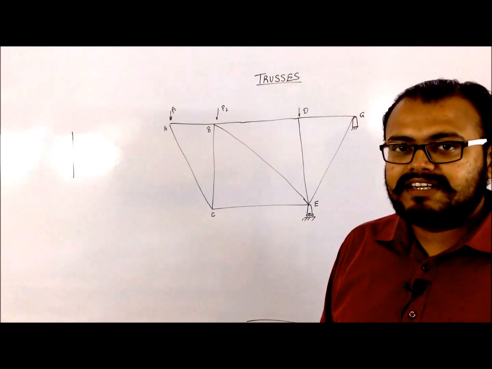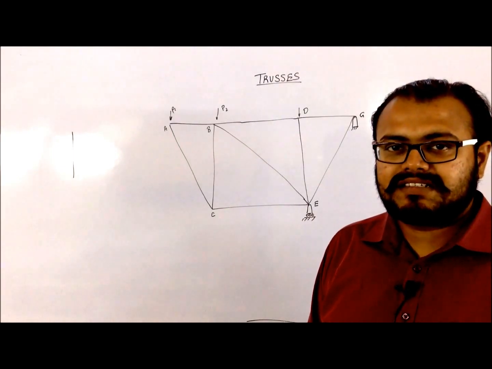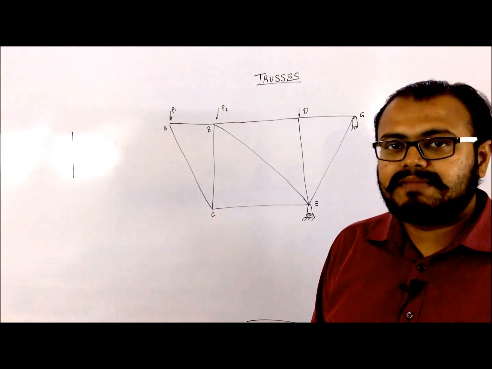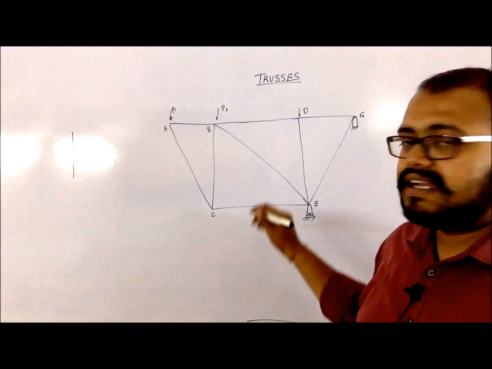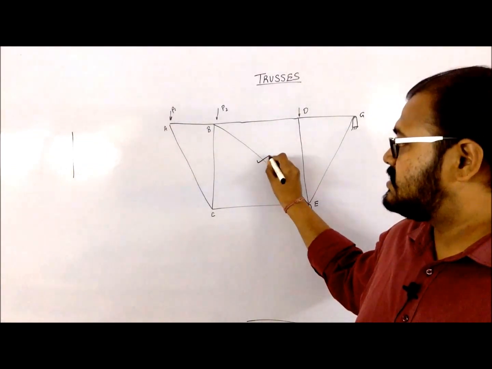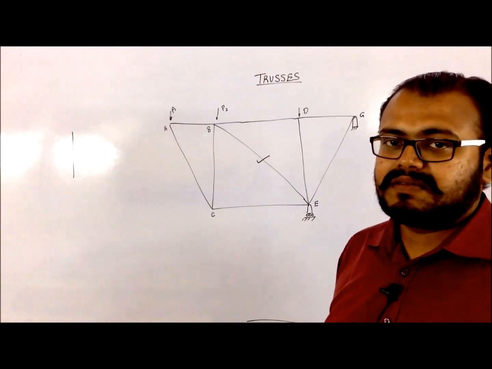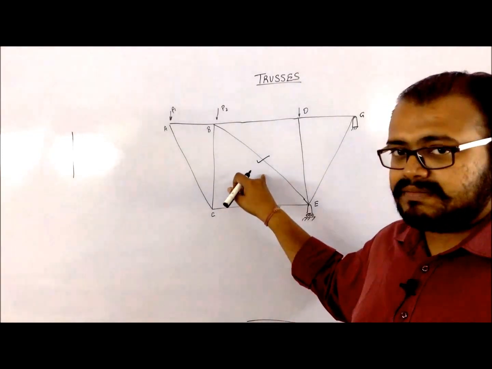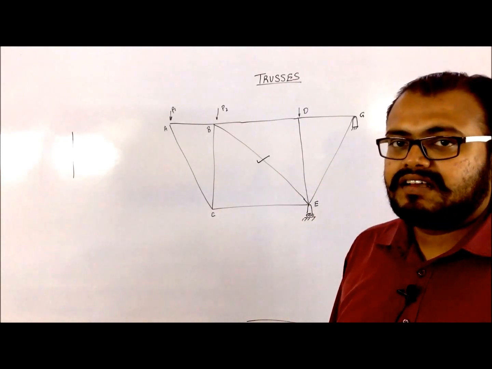While doing that, you have to consider the first point in the method of section, which is that while taking the section you can cut only a maximum of 3 members. In this problem they have asked me to determine the force in this particular member, so while taking a section, I should have this member in my section.